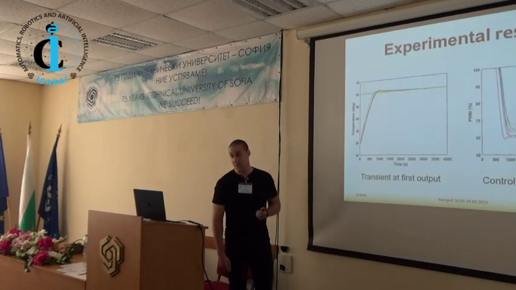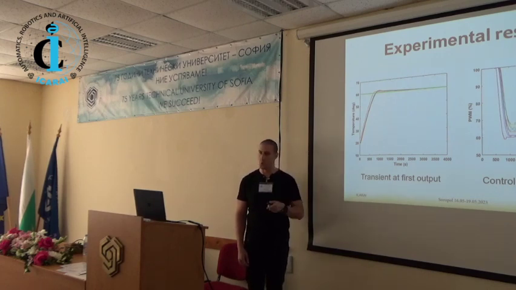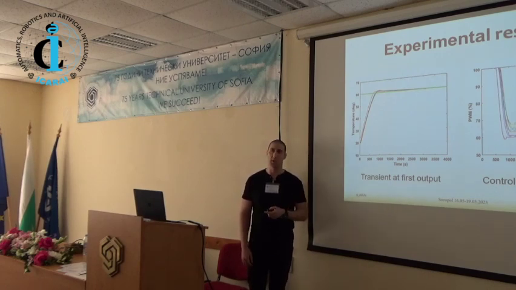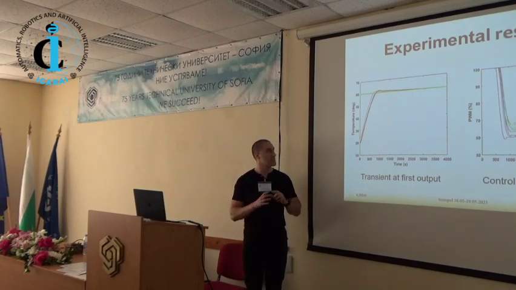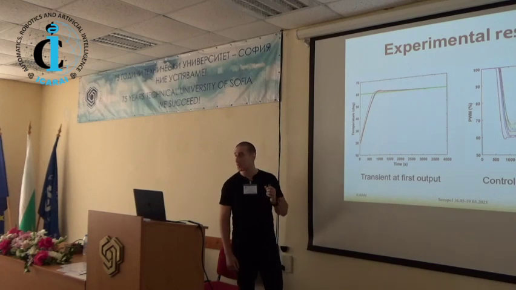The experimental results. We conducted one set of experiments which consists of reference changes on the 3 loops with different amplitudes. To emphasize the similarity between the closed loop systems, I plotted all of them together. Something to note: our inability to control strictly the room temperature leads to different initial conditions in the experiments.